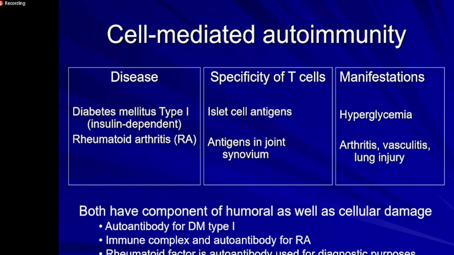But I'm not saying you may not end up having an involvement of the antibodies. So there is cell-mediated activity within those two, but each of them has got an antibody-mediated component.